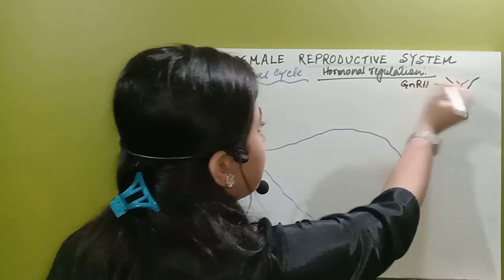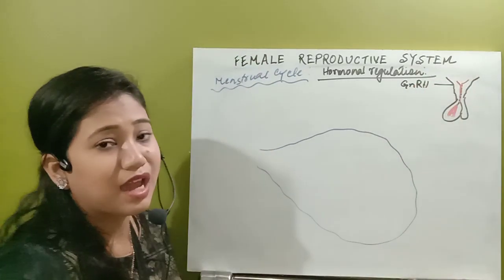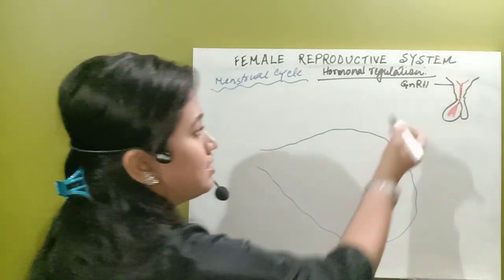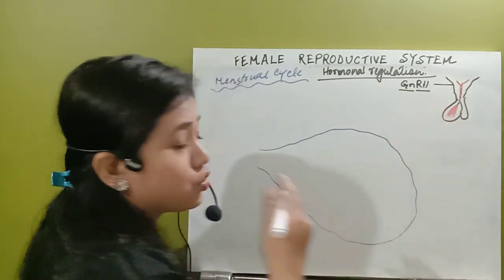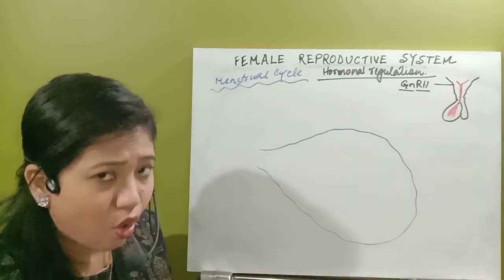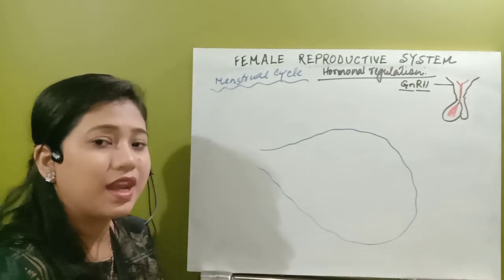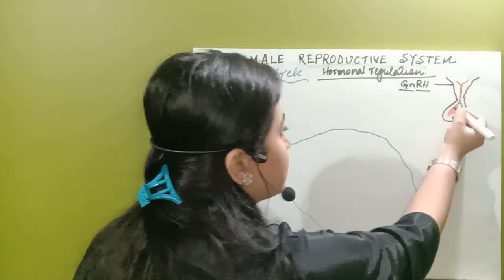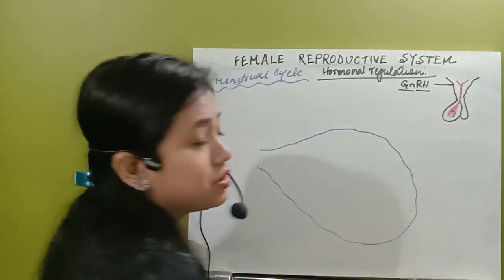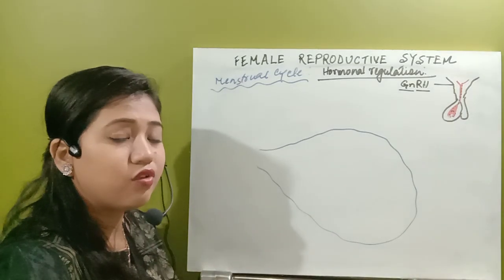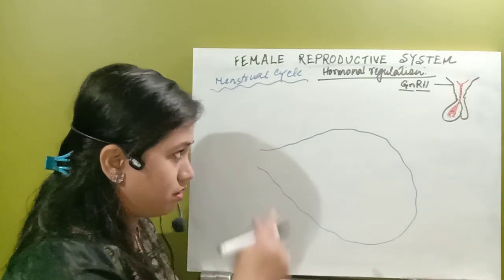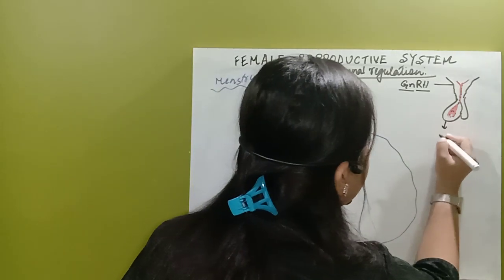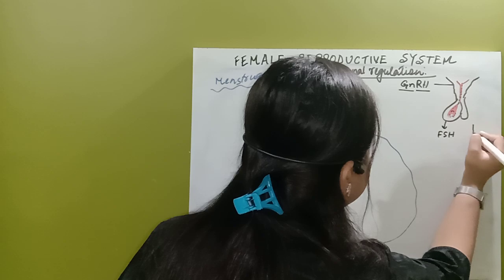So remember, the hypothalamus, by the hypophyseal portal system, releases one hormone, GnRH, that means gonadotropin-releasing hormone. Whenever GnRH is released from the hypothalamus, it stimulates the cells of the anterior pituitary, and the anterior pituitary will now release FSH and LH.